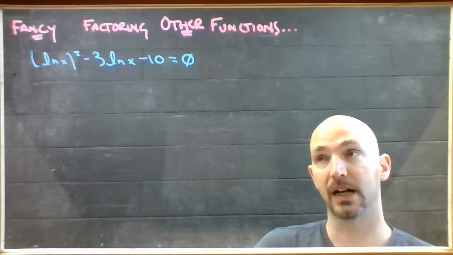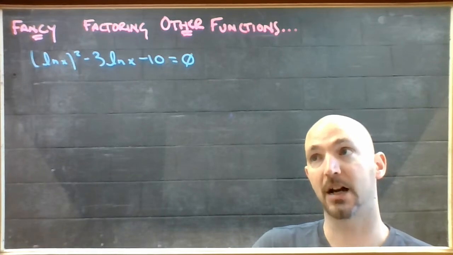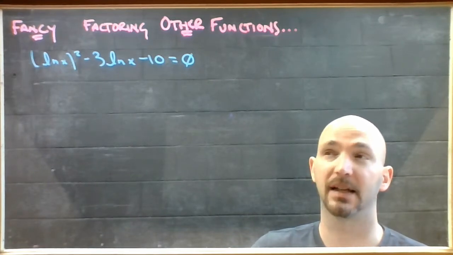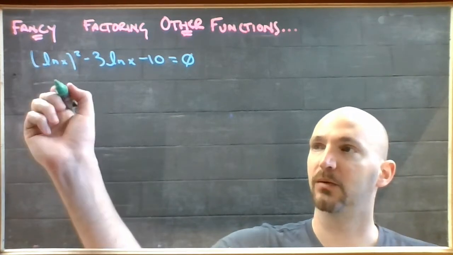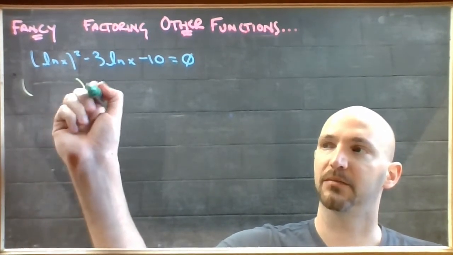First thing I'm going to try is factoring it to see if I can come up with two numbers that multiply to negative 10 and add to negative 3. And I think that will work for negative 5 and plus 2.